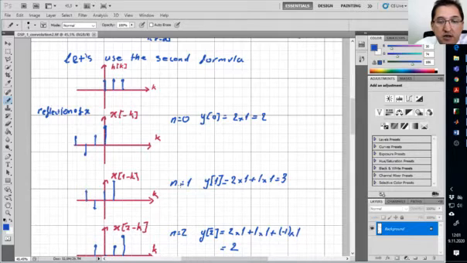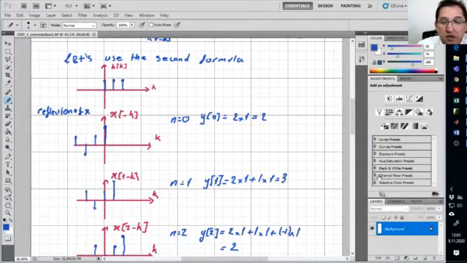This is n equals 1 and the output y[1]. We have here two samples here, 1 and 1 in h and 2 in x multiplied by 1. The output is 3.